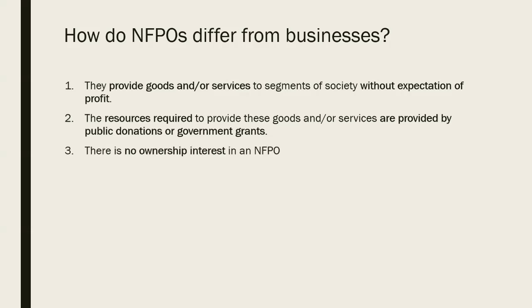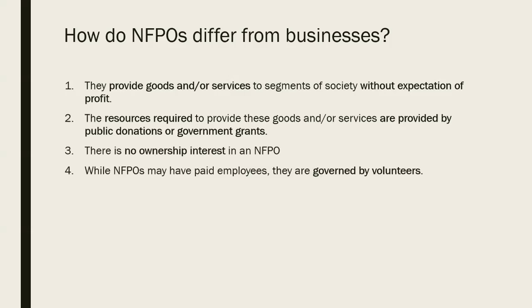Third point of difference is that there is no ownership interest in a not-for-profit organization, whereas all for-profit businesses have owners. Finally, while not-for-profit organizations may have paid employees, they are governed by volunteers. The board of directors for a not-for-profit organization consists of volunteers.